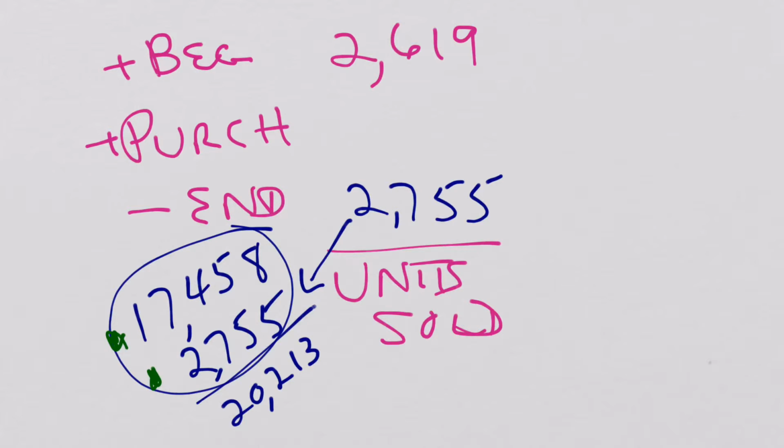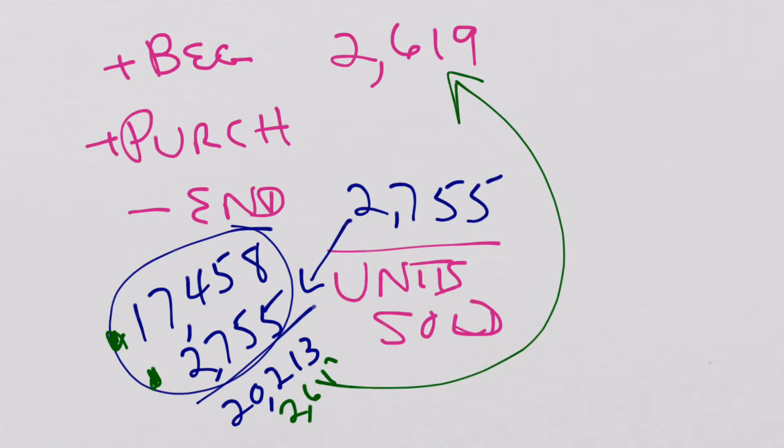Well, we've got the beginning amount, 2,619. So we've already got that met, and that means that we only have to purchase the difference in order to get to where we need to be. So let's do that. Let's subtract 2,619 from the 20,213, and we're going to get the amount we need to purchase.